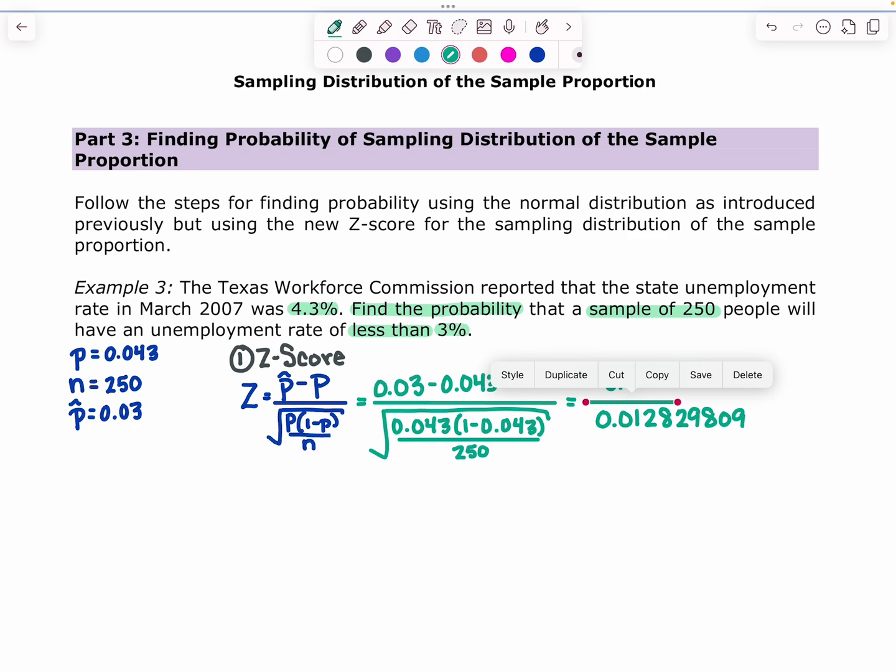We want to keep all those decimals as we're calculating the z-score. We don't want to do any rounding. So negative 0.013 divided by that really long decimal, negative 1.013.